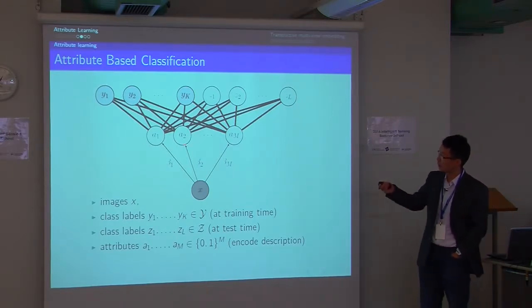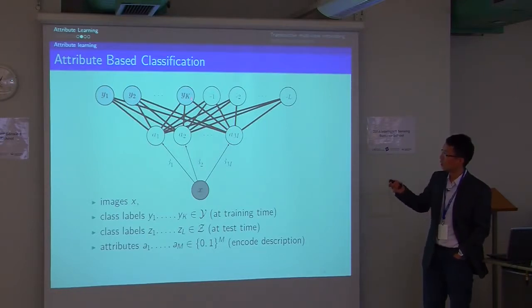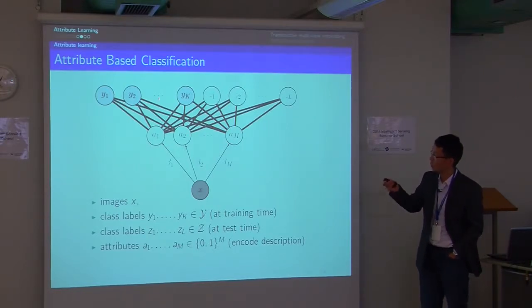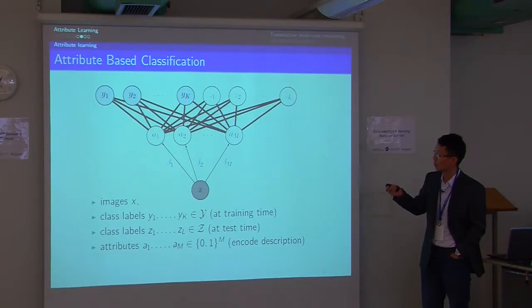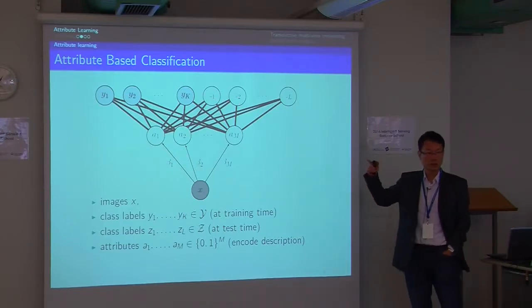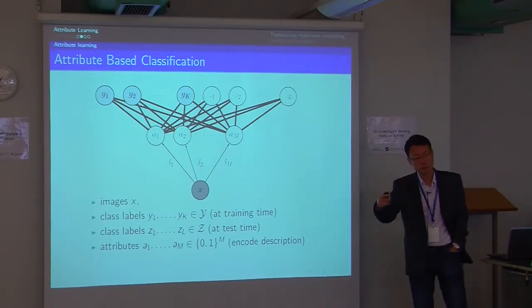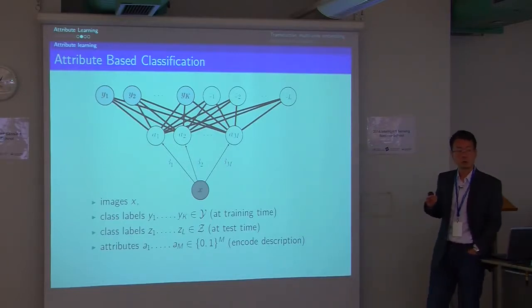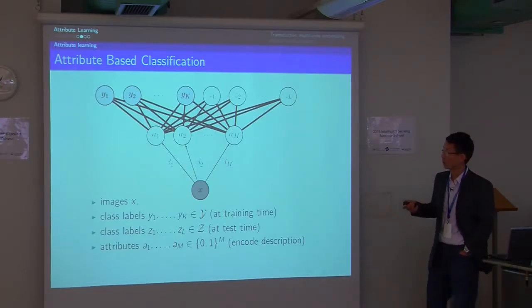So the basic idea is that we have a middle layer, which we call attributes, and the training data can now be used to learn an attribute classifier for each one of them, which means given test data X, I can predict the value of this attribute. Then for each unseen class, I've got a description, which we call a prototype, which has a binary value, either 1 or 0, for this list of attributes.